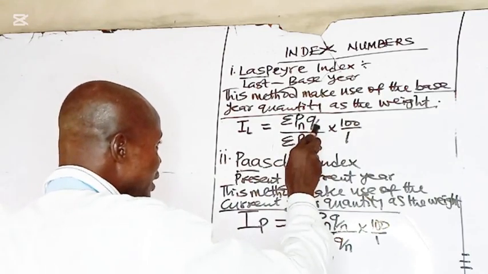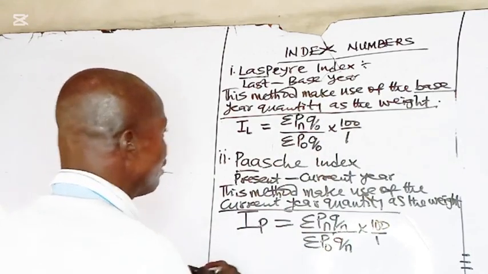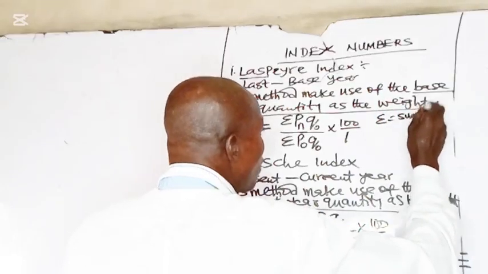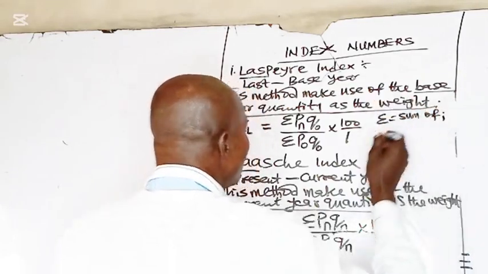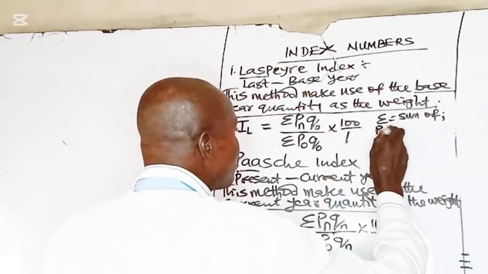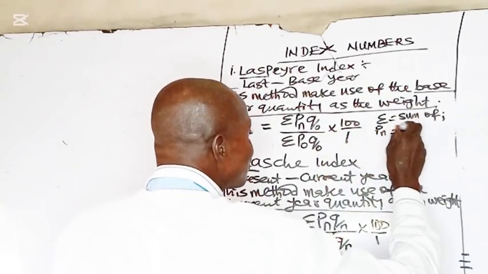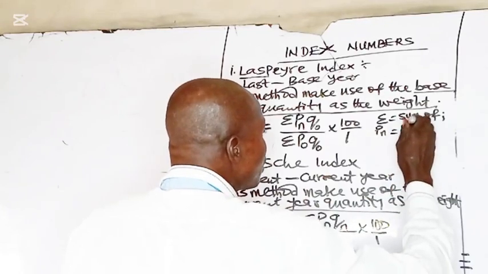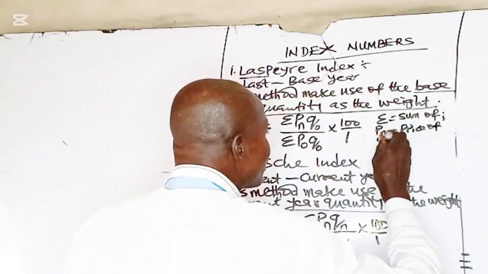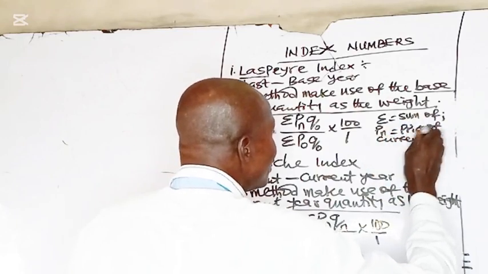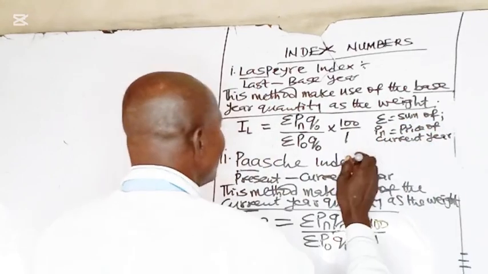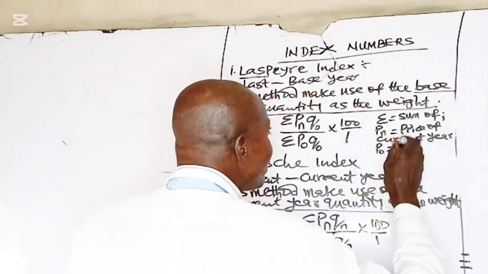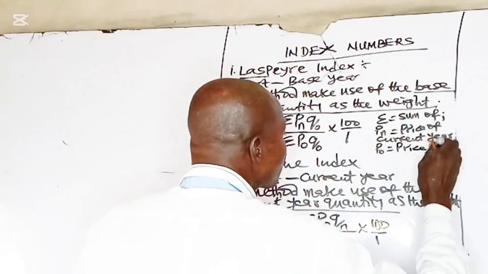Current, this is base year. This is current year. This symbol stands for sum of. PN stands for price of current year. PO stands for price of base year.